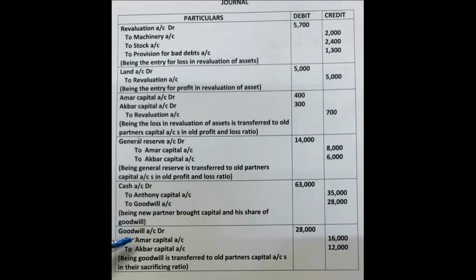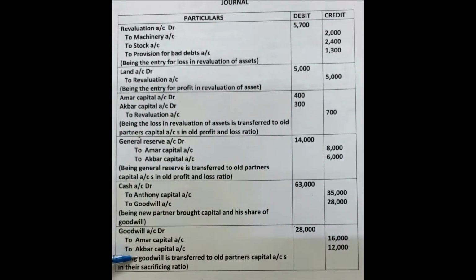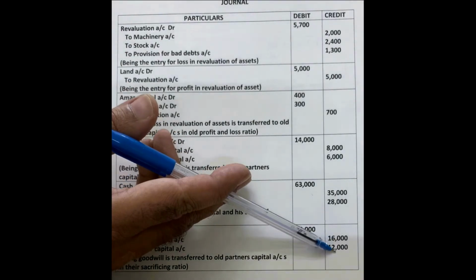Goodwill account debtor to Amar capital account, to Akbar capital account. As the goodwill account is debited, in the goodwill account this entry appears on the debit side. What to write in the particulars column? On the other side we wrote Amar capital and Akbar capital. Write down these two amounts. To Amar capital account, 16,000 rupees. To Akbar capital account, 12,000 rupees.